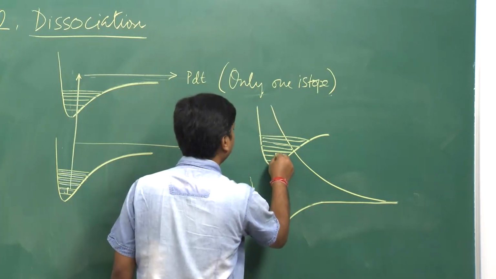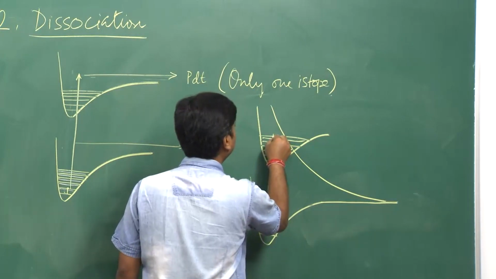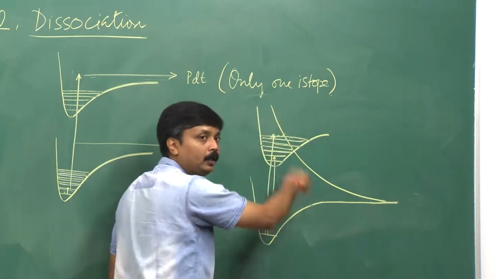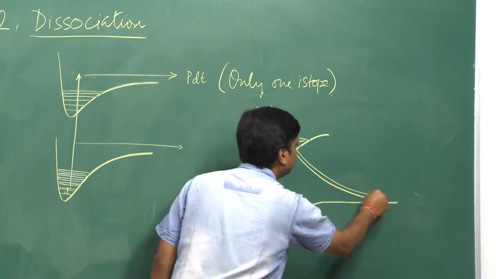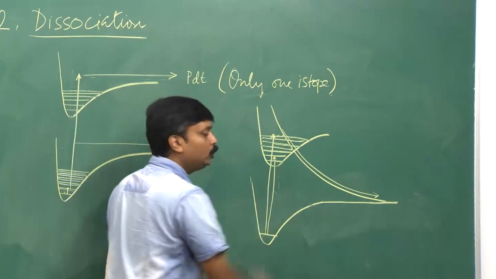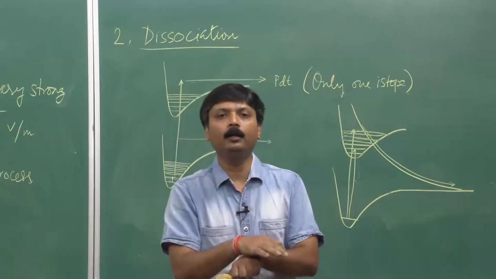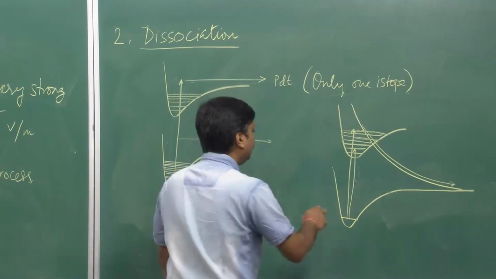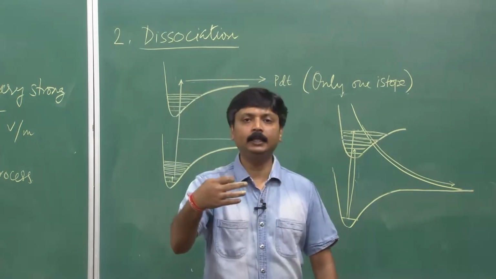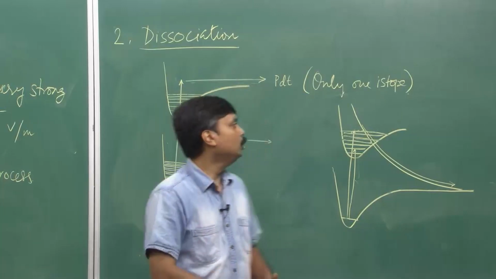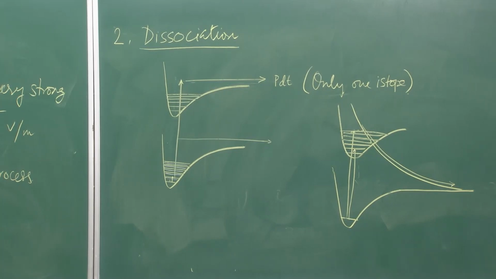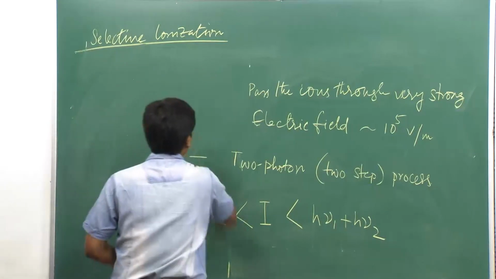But if I excite to a high energy, then the molecule will vibrate in this level and then come to this particular dissociative channel, and I will have a dissociation product along this one. So, in this case, if my isotopic level states are separate in energy such that I can use only a single photon and have pre-dissociation beyond a certain energy, then I can use a single photon also to do the isotopic separation.